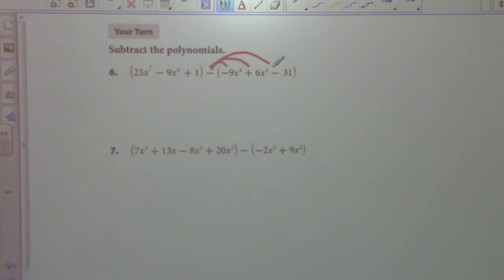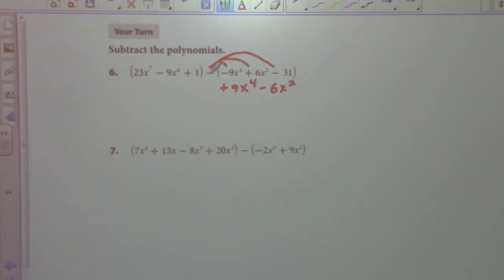So it's the distributive property, right? And so we have negative 9x to the 4th power, which is going to translate into plus 9x to the 4th power. Does that make sense? And then negative times 6x squared is going to be minus 6x squared.